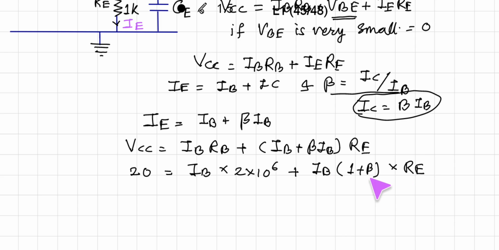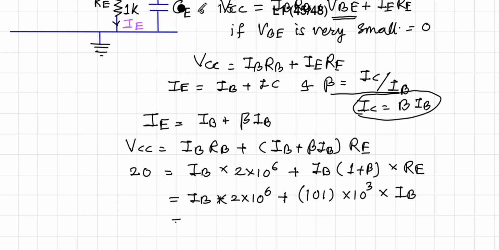So we can say IB into 2 into 10 raised to 6 plus, beta plus 1, beta is 100, so beta plus 1 is equal to 101, into the value of RE, that is 1 kilo ohm, that means 1 into 10 raised to 3, into the value of current IB.